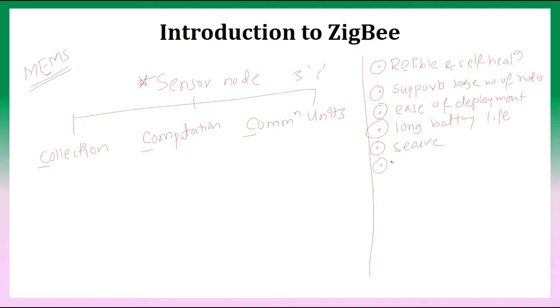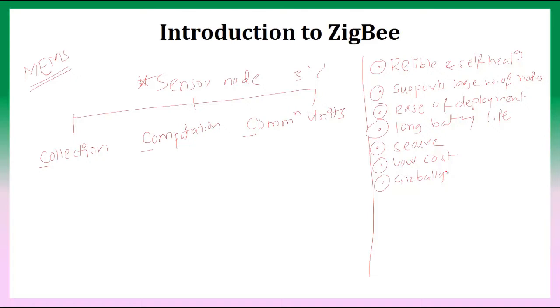The cost of ZigBee devices is low. It can be used globally because it's a global standard, designed by the ZigBee Alliance, so we could easily use it anywhere globally.